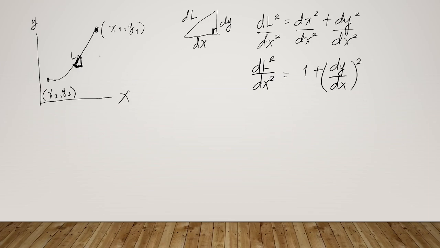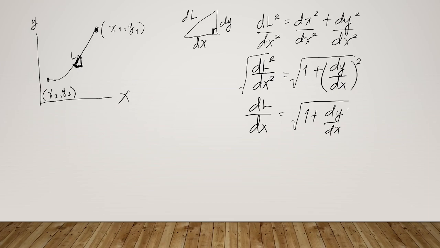Ang hinahanap natin is yung length na naka in terms of x. This is dl over dx. Kunin natin yung square root nila both sides. This will become square root of 1 plus dy over dx, squared.